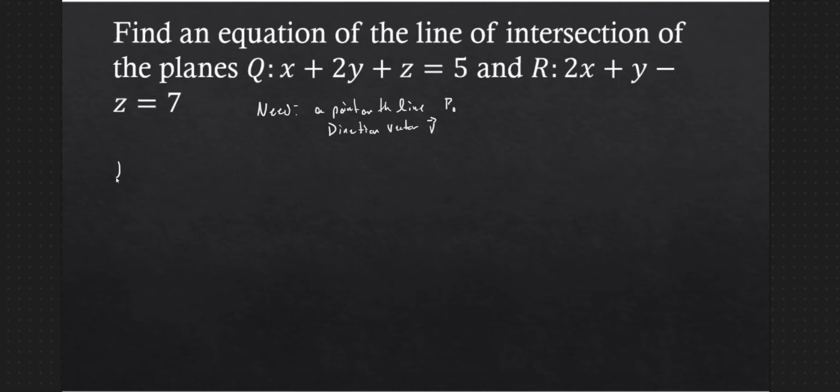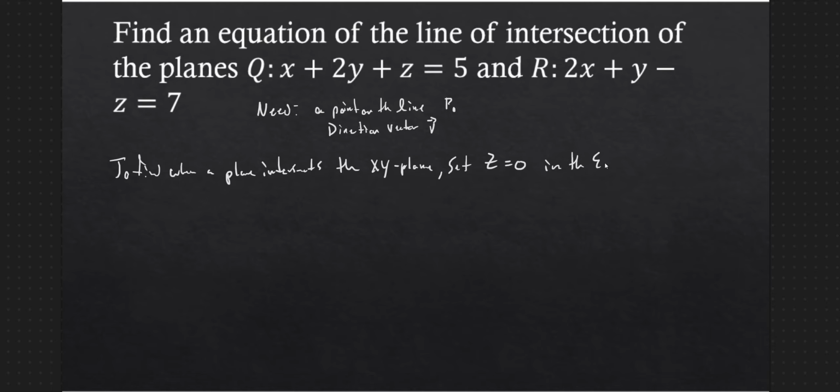So to find when a plane intersects the xy plane, remember the z coordinates are all 0, so set z equal to 0 in the equation. So for Q, that'll give me x plus 2y equals 5.